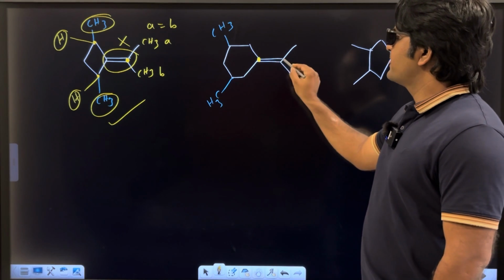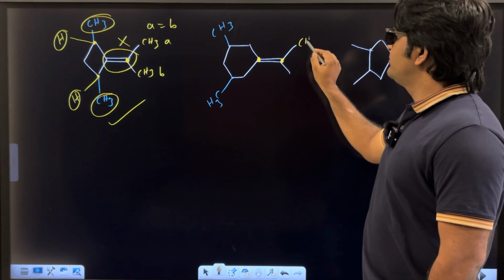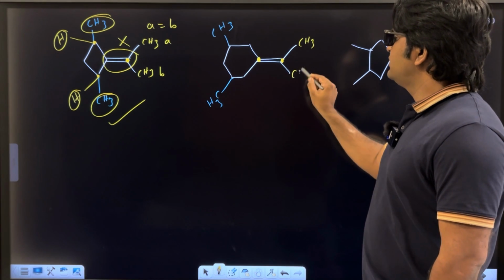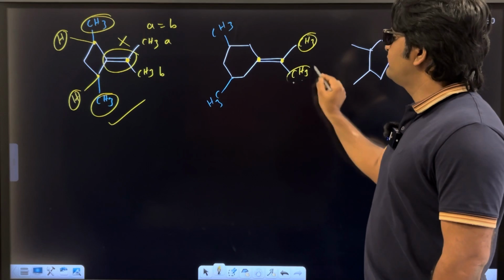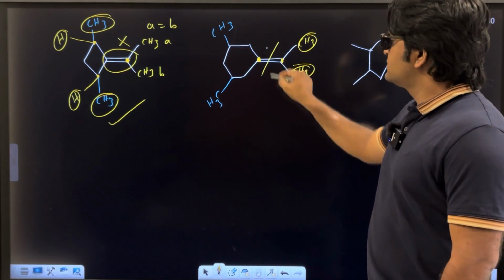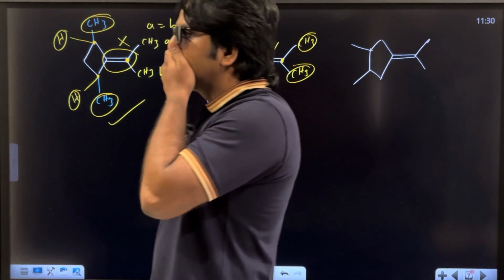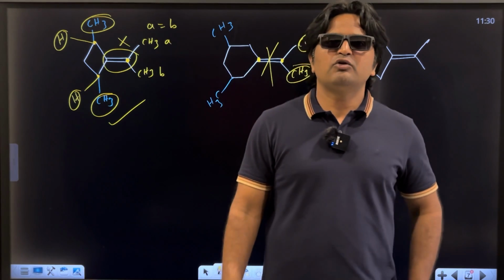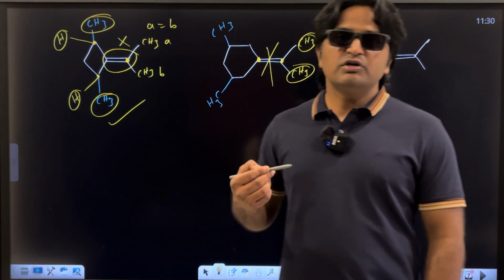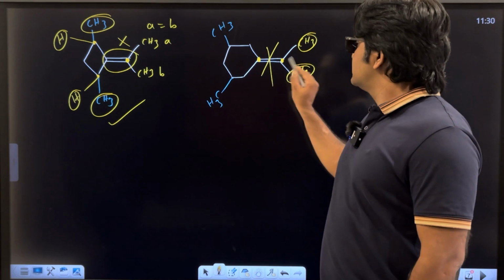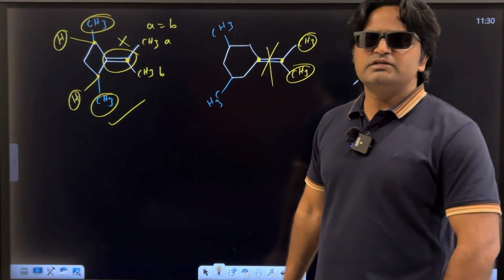Here also the same situation. First you start from the double bonded system. What is the group here? Methyl. Next one here also methyl. Same or different? They are same. No chance for geometrical isomerism. The double bond is not cooperating for geometrical isomerism because of identical substitution on the sp2 carbon atom. And come to the ring system.